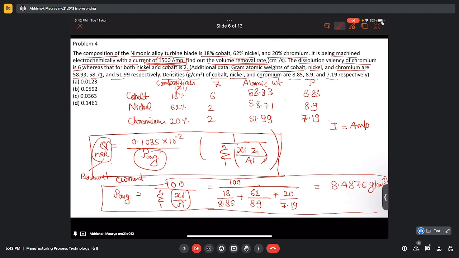So now we will substitute the average density in the MRR formula, and we try to calculate the material removal rate per unit current.